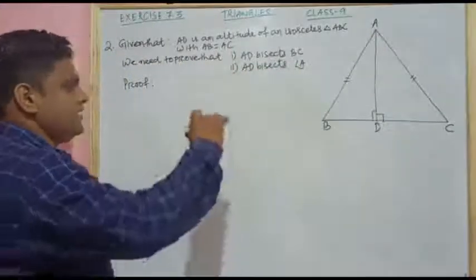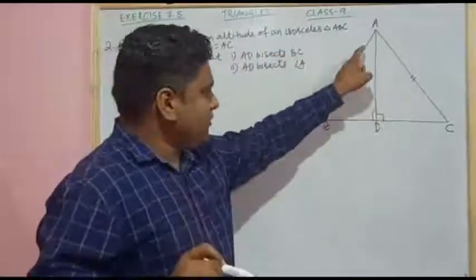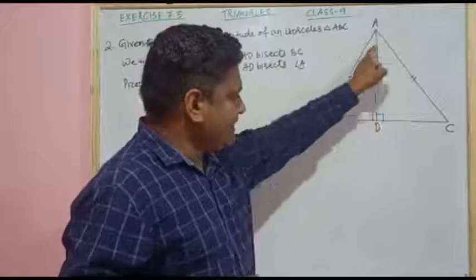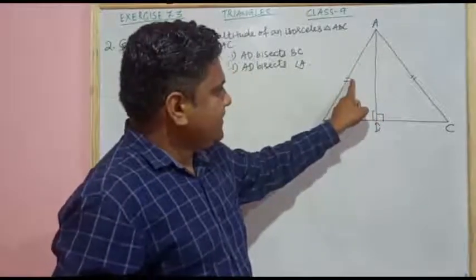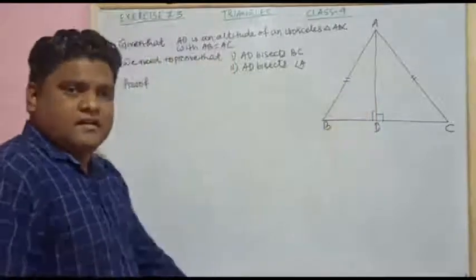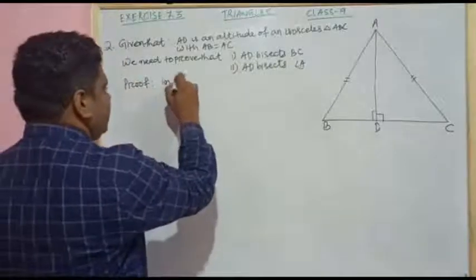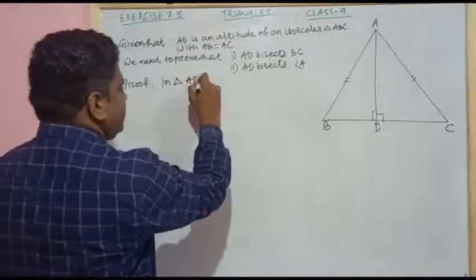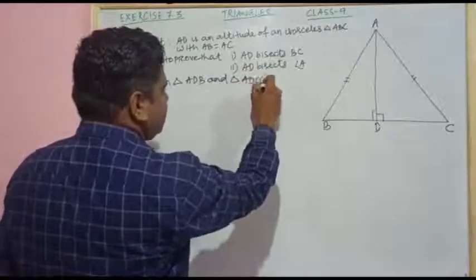So first see what is similar, what is equal between triangle ADB and triangle ADC. This is 90, this is 90, and this is equal. These two are equal. It is given, and it is the common side. So let's write this in triangle ADB and triangle ADC.